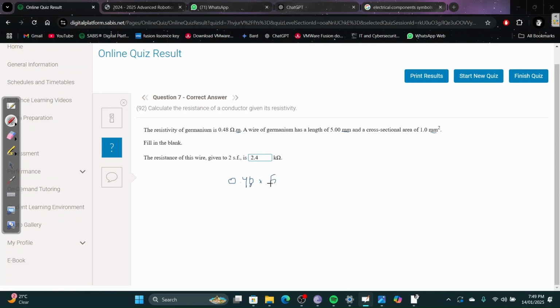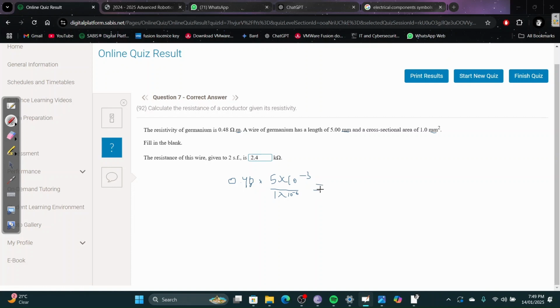So 5 times 10 to the power of negative 3, over 1 millimeter squared, which is 1 times 10 to the power of negative 6. Think of it as changing millimeter to meter twice: 10 to the negative 3 and 10 to the negative 3 again, which makes 10 to the negative 6.